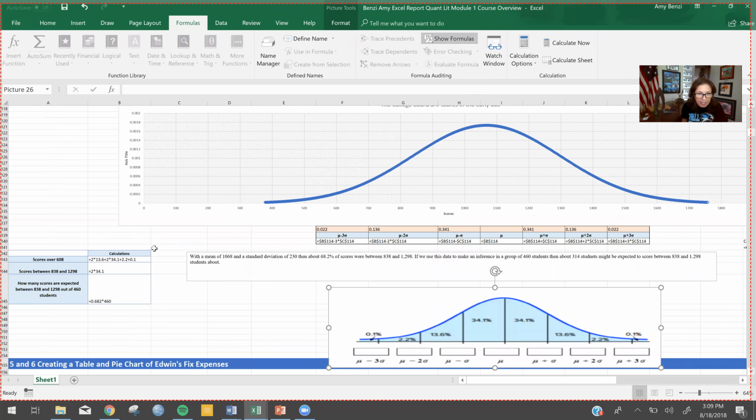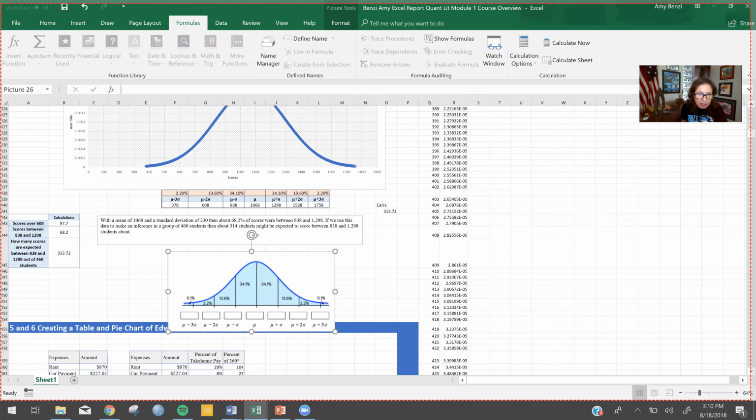That's 68% of 460. Anyway, I'm not teaching this lesson, I'm just showing a Zoom report, sorry. And so it looked like we expected about 314 students to score between 838 and 1298.